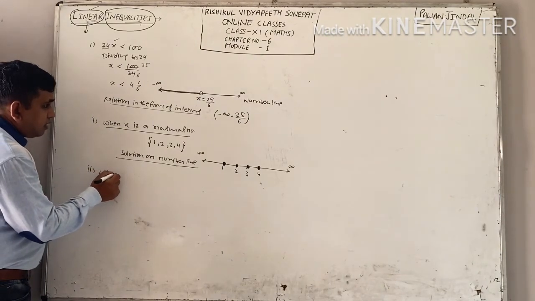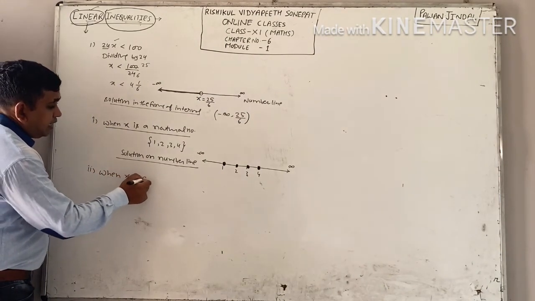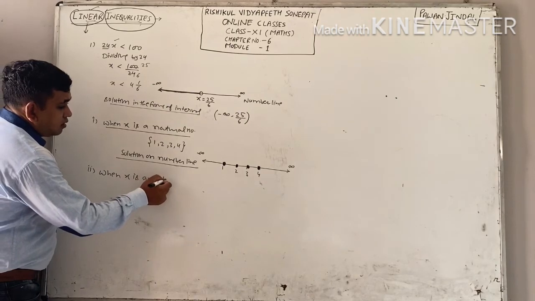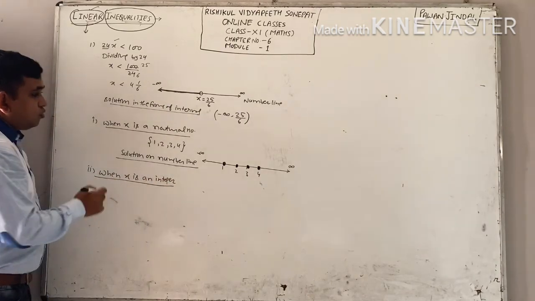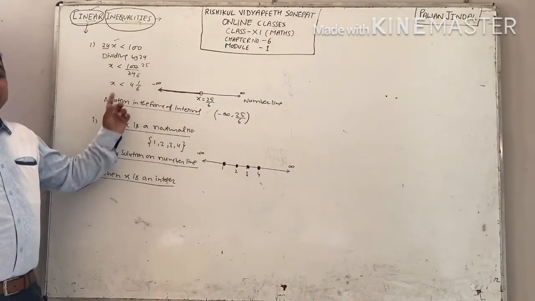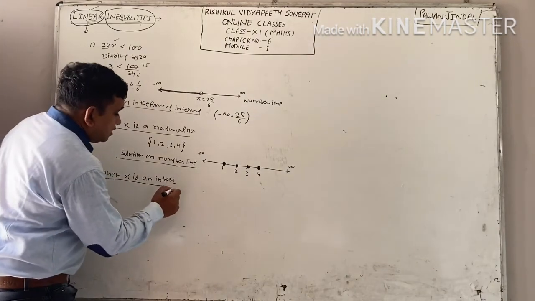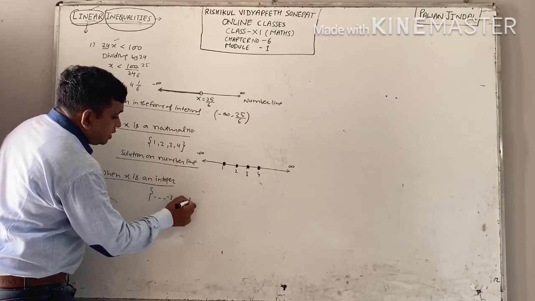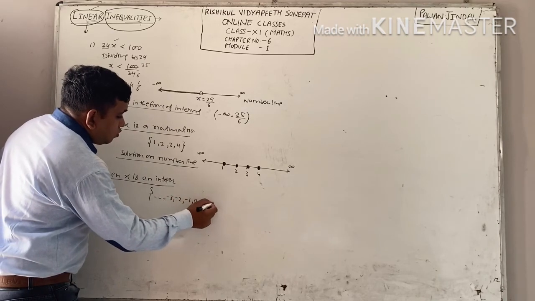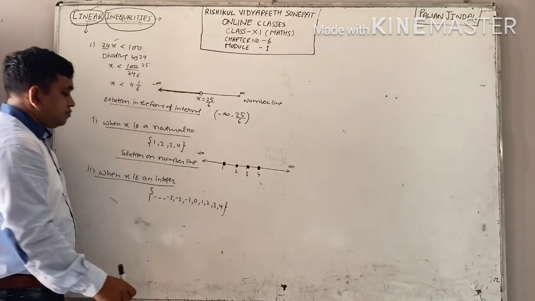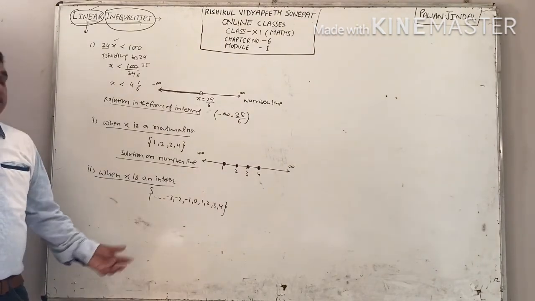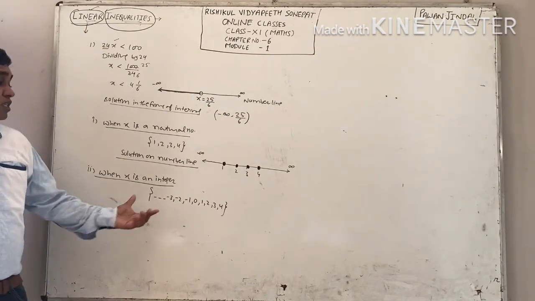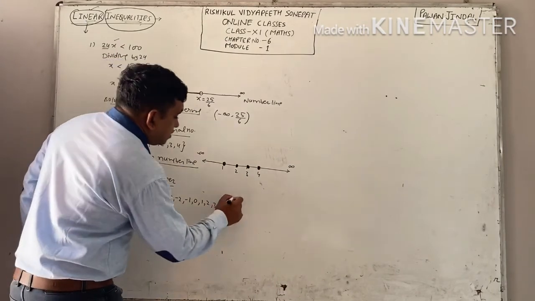When x is an integer, and you know very well, all integers less than 4 1 by 6, these are your minus 3, minus 2, minus 1, 0, 1, 2, 3, 4. These are your integers. Now see, how will you plot this solution on a number line?